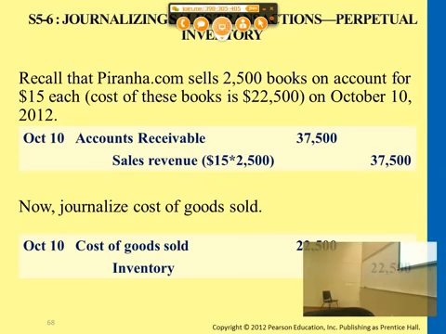It seems like the cost for 2,500 books is 22,500. Why do they say that? Is it the inventory? It is the inventory cost, which is why you see the dollar amount here. The first part you have to calculate. The first part is the price that's labeled on the book.